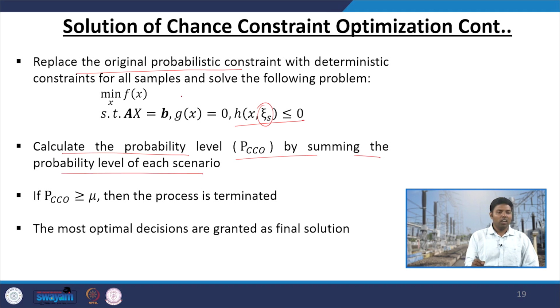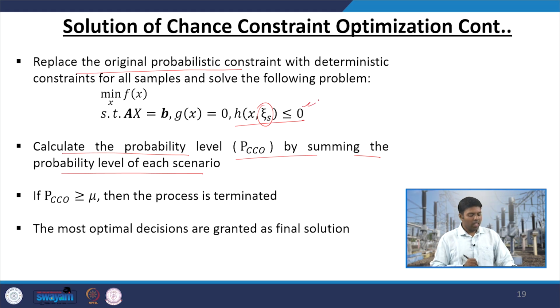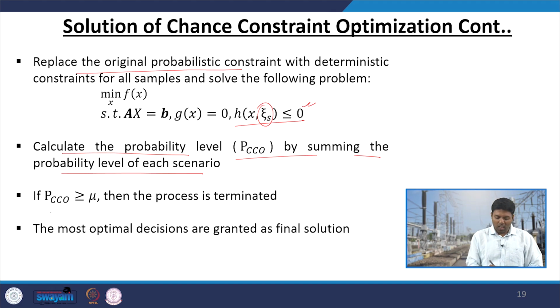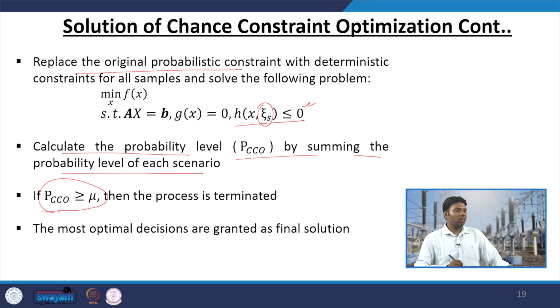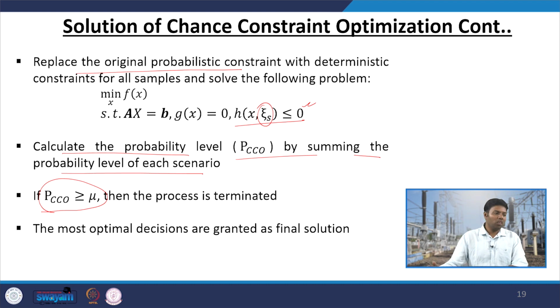That means, you solve, get the values and see whether the constraint is satisfied or not. Then you add each probability and see whether the summed probability is greater than your predefined probability or not. If it is, then you can terminate the process. If it is not, then something is wrong with the scenario generation, or you need to revise it. Okay? So, then you recalculate.